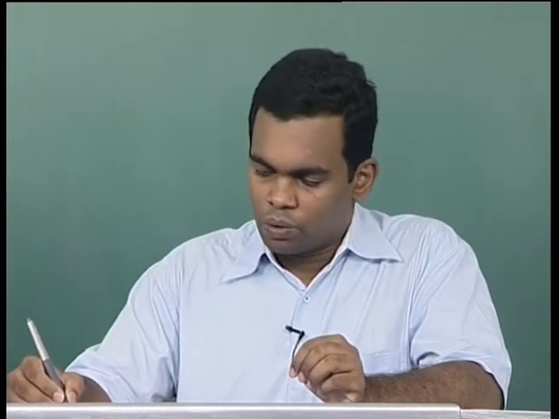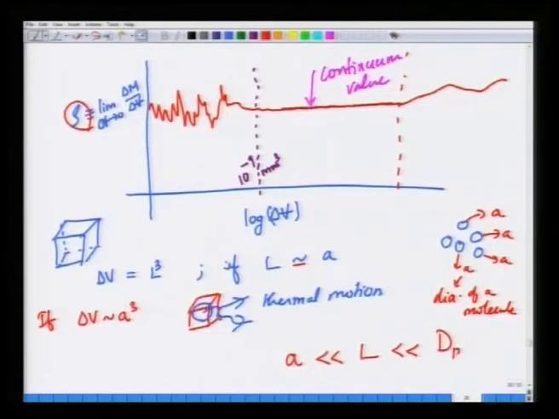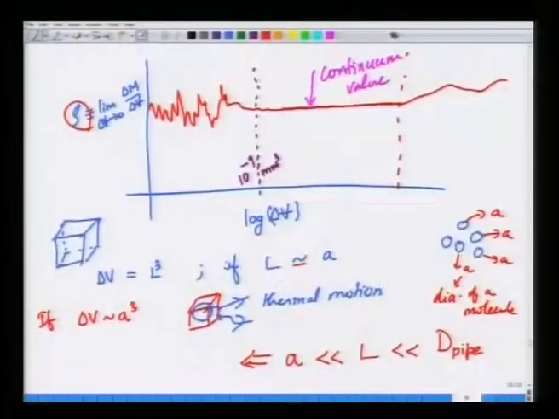So, if the size of the cube with which you are measuring the density is large compared to molecular dimensions, A being the diameter of a molecule for example, and small compared to the system dimension, for example the diameter of a pipe in which the fluid is flowing, or the diameter of a tank in which the fluid is present, then the density at a point makes sense.